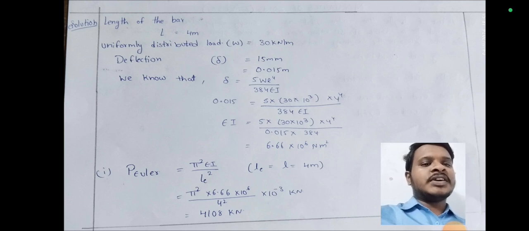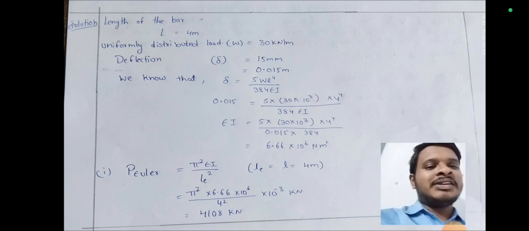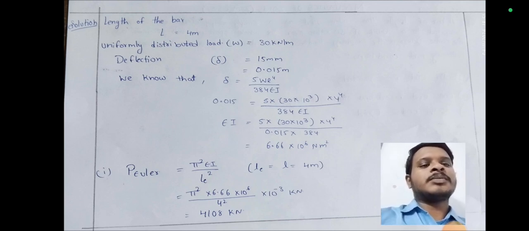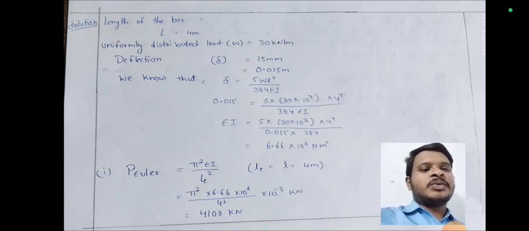We know that deflection is equal to 5 WL power 4 by 384 EI. So the constants are 5, W, L and 384. We don't know EI, so we have to take EI outside.